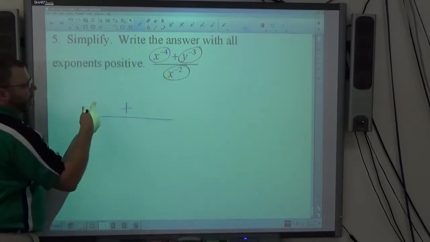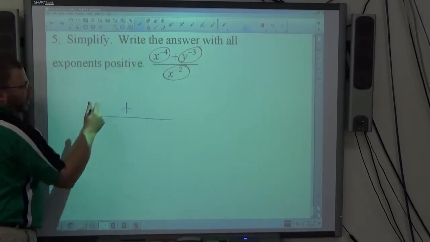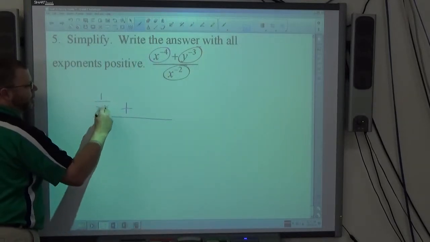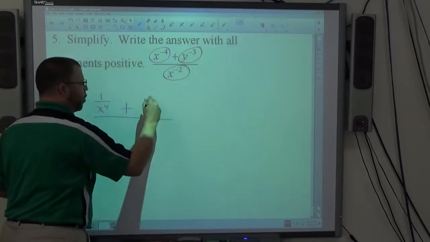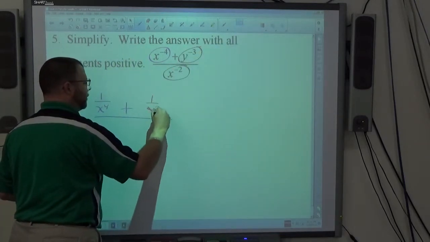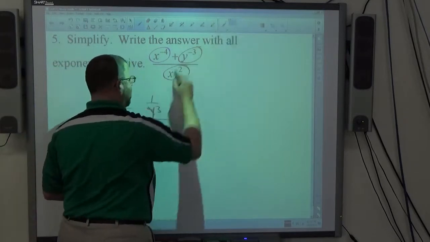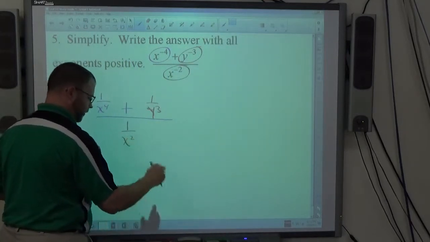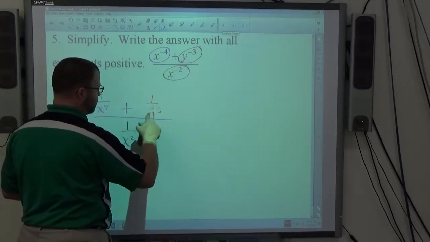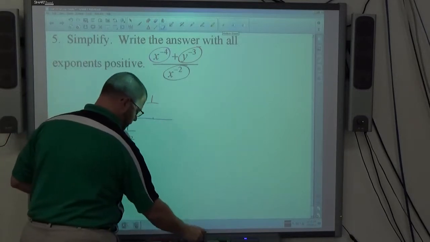Then within each location, this top left location up on the top is 1 over x to the 4th. This is 1 over y cubed. And on the bottom we have 1 over x squared. Let me fix that y so it looks a little prettier.